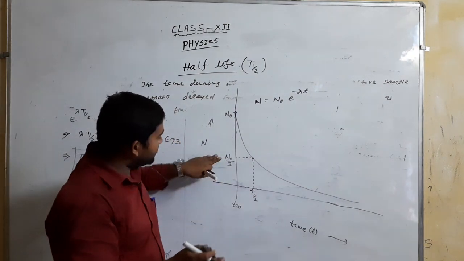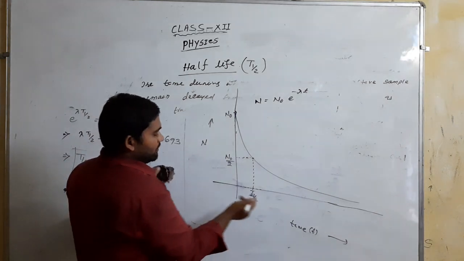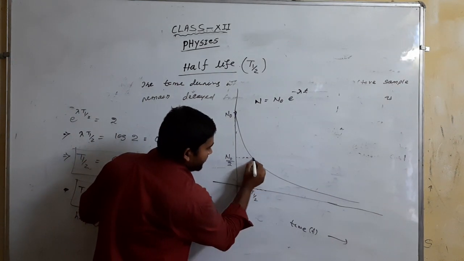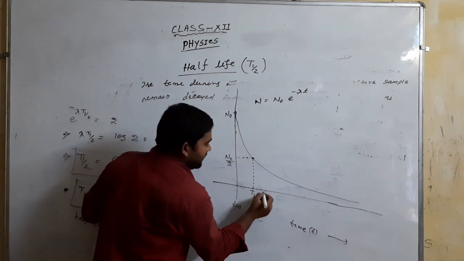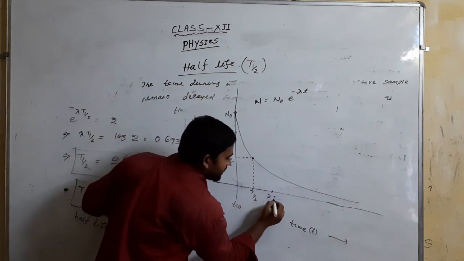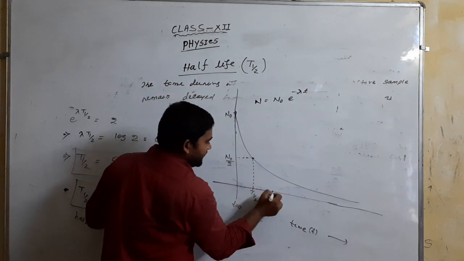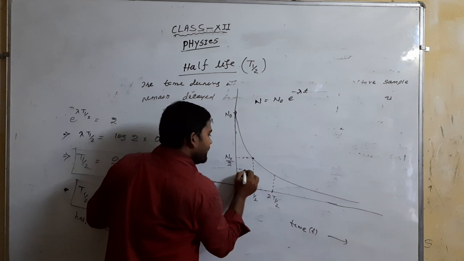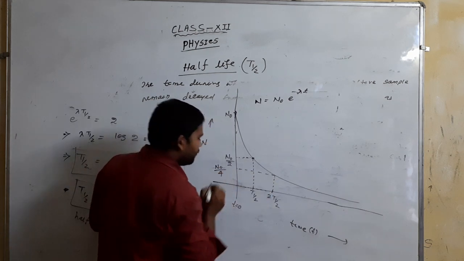Now from this first half life there will be decay, and for the second half life this will be the initial value. For the second half life, that is 2 t half, the sample will decay and the remaining value will be N0 by 4.